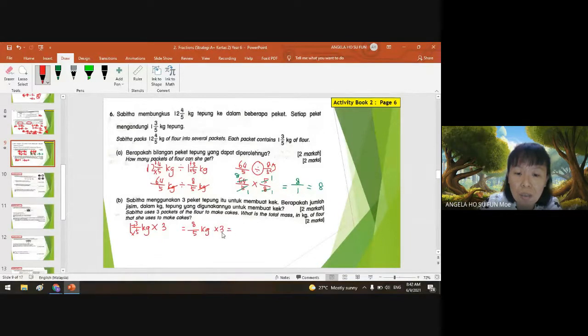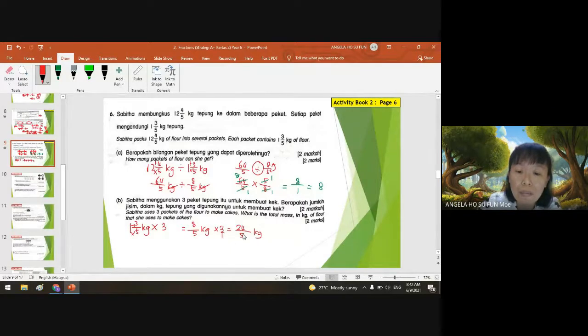When you times 3 here, nothing you can cancel because 5 and 3 cannot, 8 and 1 cannot. So you multiply the denominator with the denominator, numerator with numerator. 8 times 3 is 24, 5 times 1 is 5. So this is kilogram.